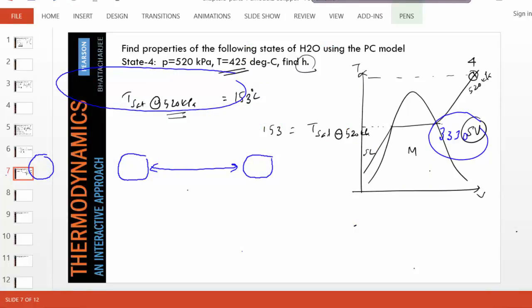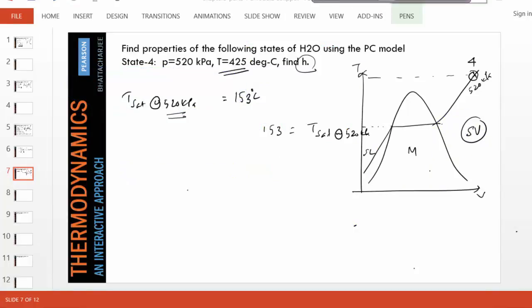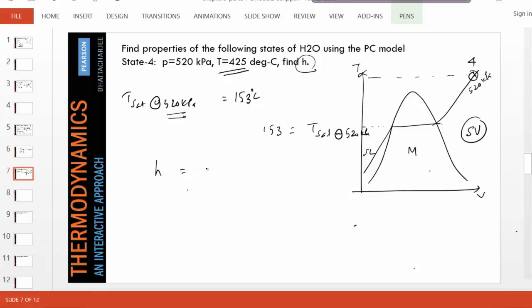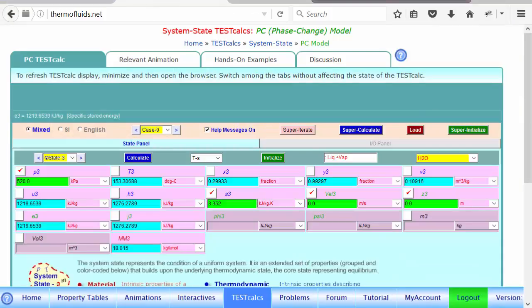So we'll say enthalpy is 3330. And likewise, you can find any other property. Let's go verify, see how accurate or how bad we have been.